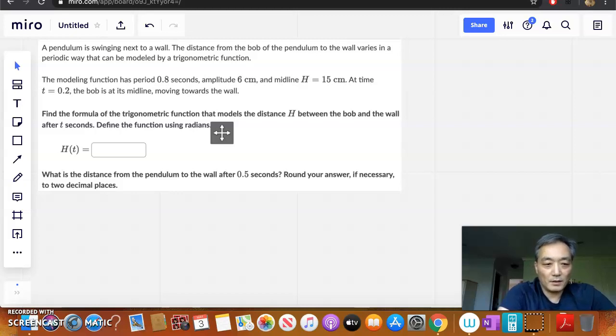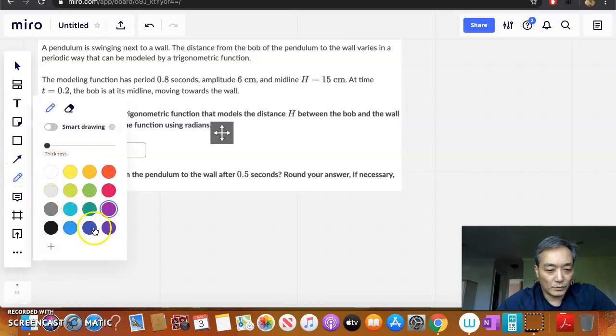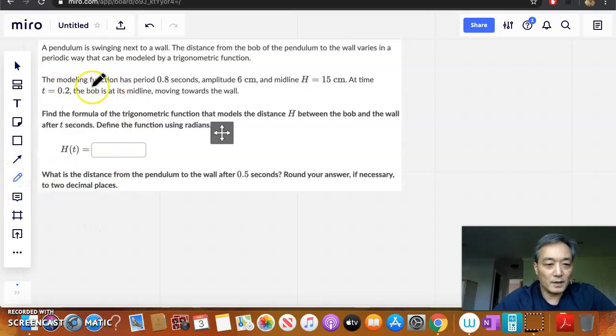Okay, so let me just make sure, just going to point those out. The modeling function has a period of 0.8 seconds, an amplitude of 6 centimeters, and a midline of 15 centimeters. At time t equals 0.2, the bob is at the midline moving towards the wall.